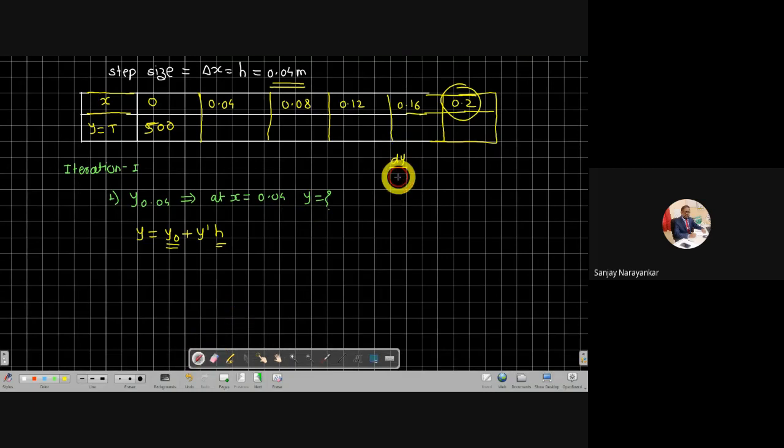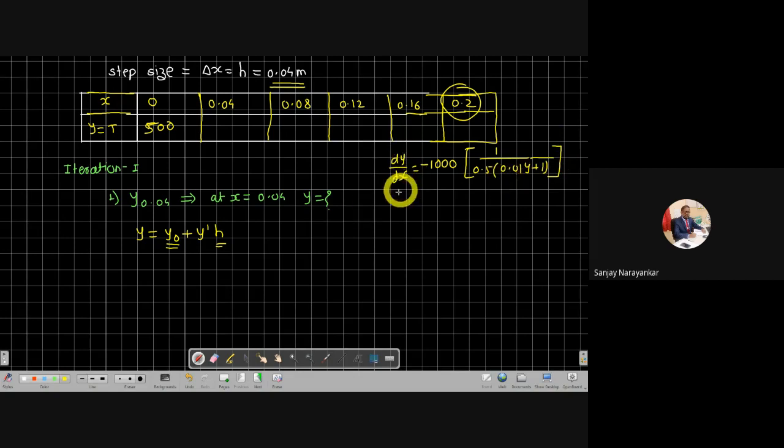dy by dx is equal to minus 1000 in bracket 1 upon 0.5, 0.01 y plus 1. Is that correct?